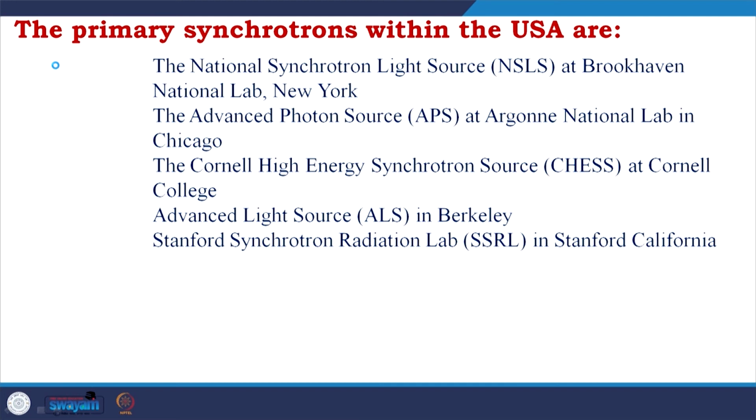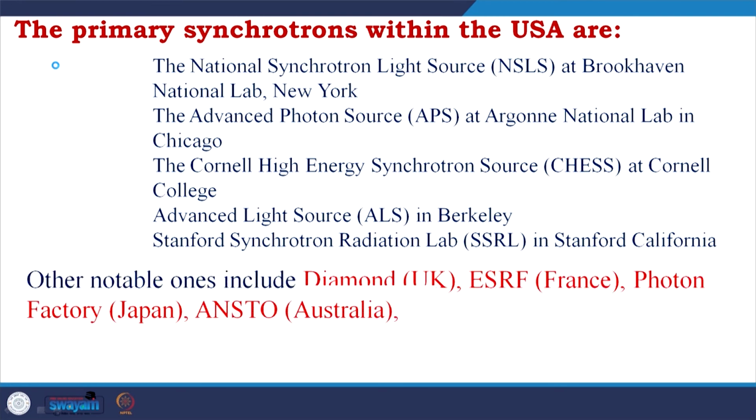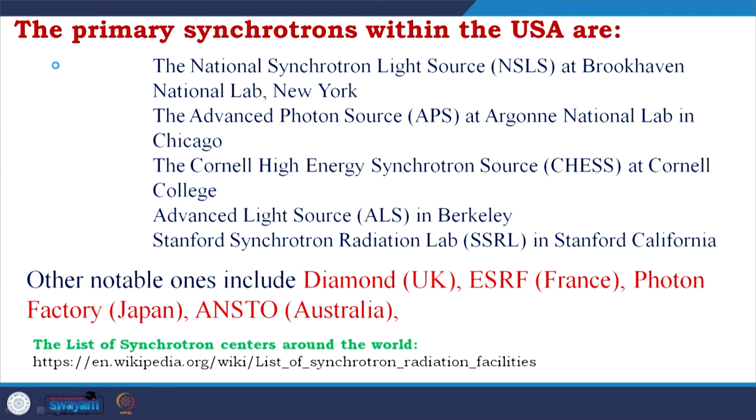Stanford Synchrotron Radiation Lab, SSRL, in Stanford, California. Other notable ones include Diamond from the United Kingdom, ESRF from France, Photon Factory from Japan and the Australian Synchrotron from Australia. But that is not the end. For interested people, I have given a link. You go to the link and you get all the description details of all the synchrotrons present in the current world.